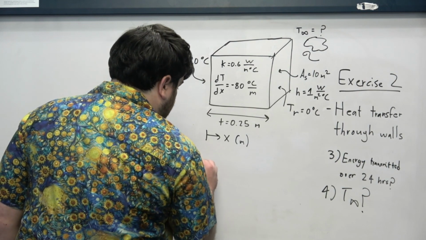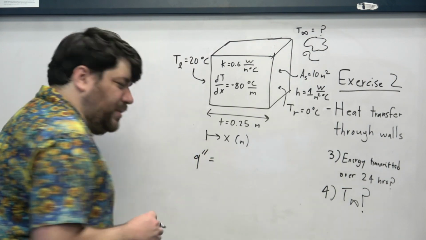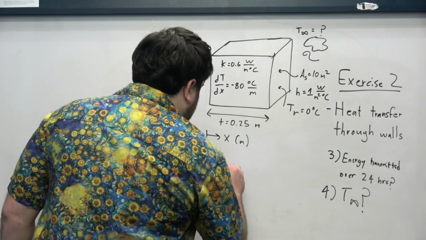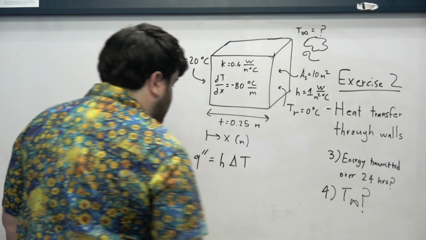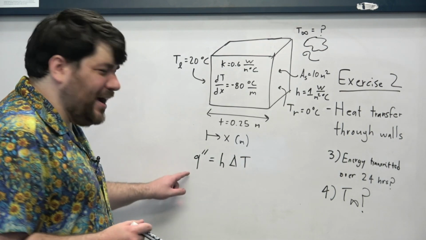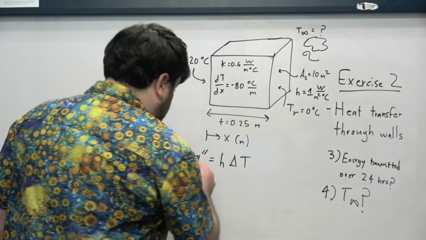Because when we model convection, we usually say q double prime is equal to h times delta T. Well, once again, we don't know what the delta T is, but we now know what the q double prime is.